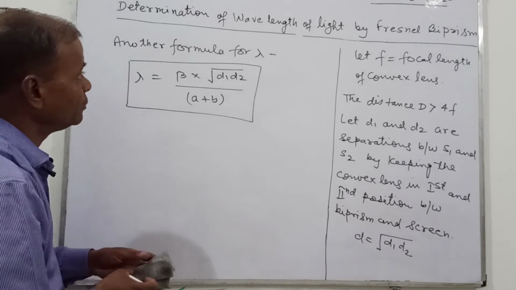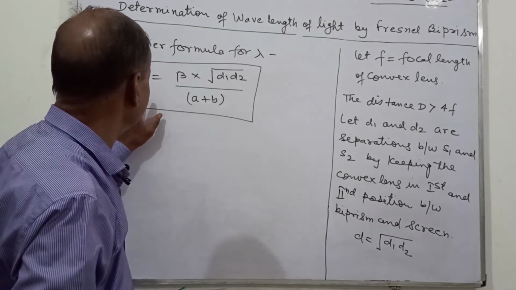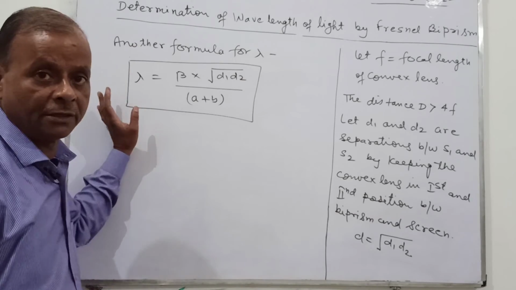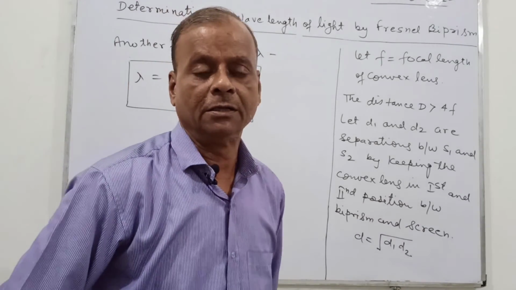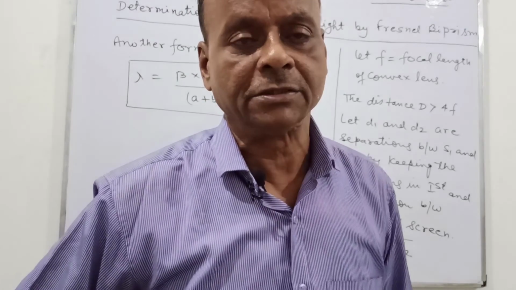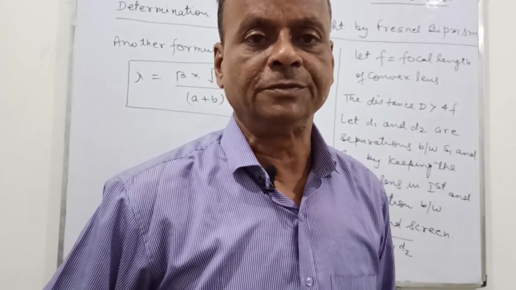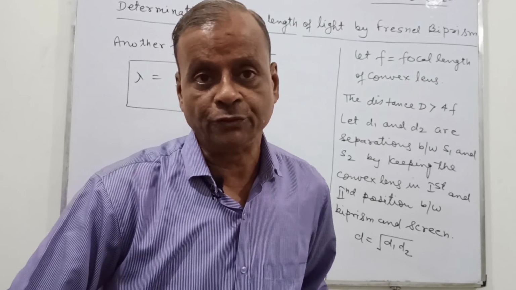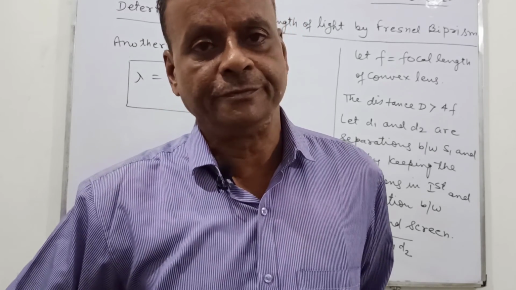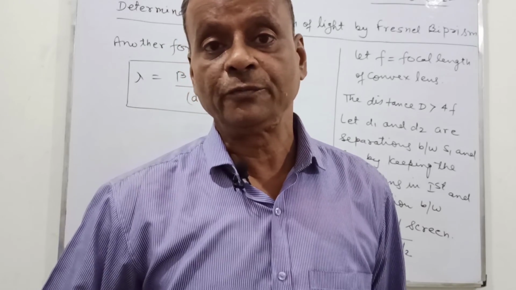So this method can also be used to measure the lambda. So this is the method of how to measure the wavelength of this light by using the Fresnel biprism. So these are the two formulas.